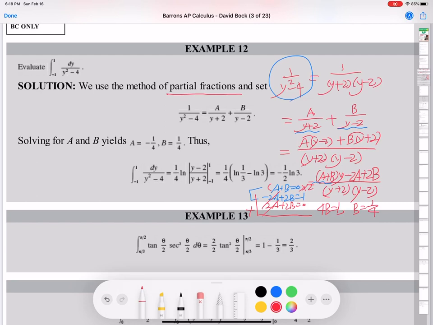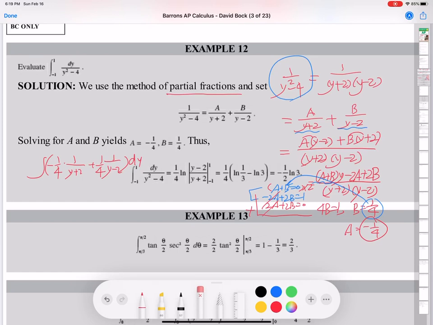And then if you plug b back into the first equation, b is 1 over 4, that means a is what? A plus b is 0, so a is negative 1 over 4, b is 1 over 4. So find the integral of negative 1 over 4 times 1 over y plus 2, and then plus 1 over 4 times 1 over y minus 2, that whole thing dy.